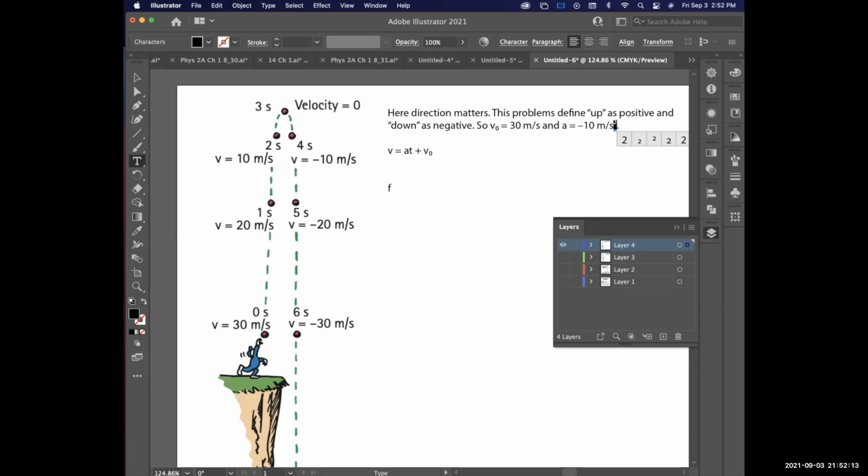The minus sign here will take care of the direction. Since we're only in one dimension here, and the ball or rock moves in a straight line, whether it's positive or negative is enough to characterize its direction, the vector.